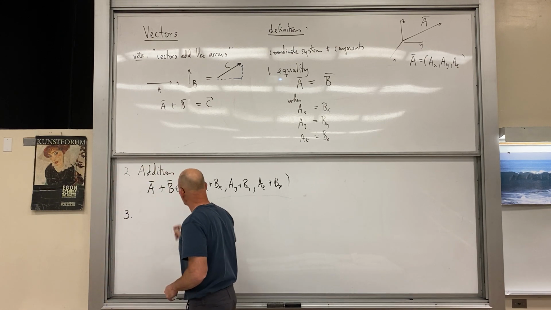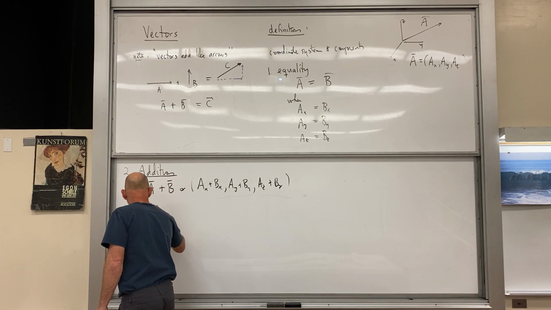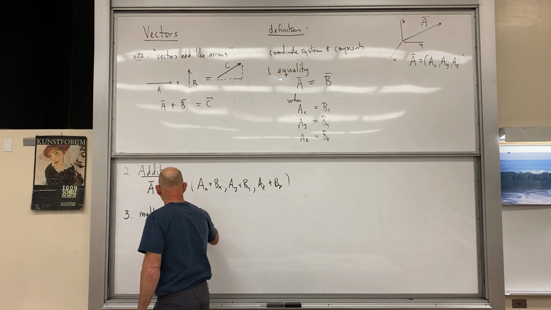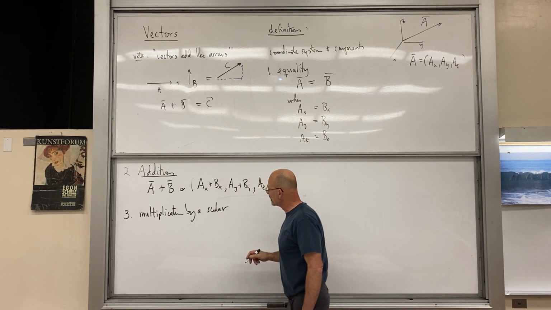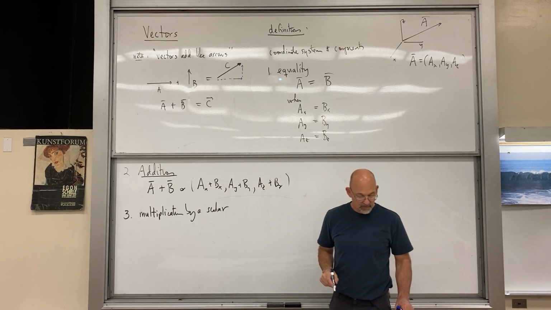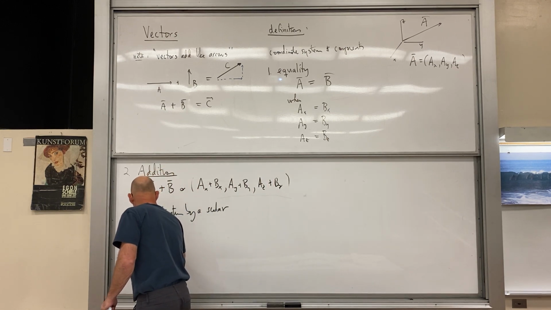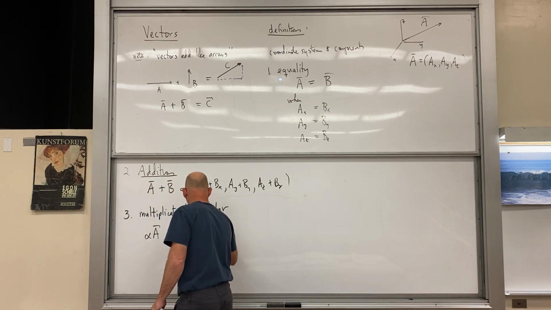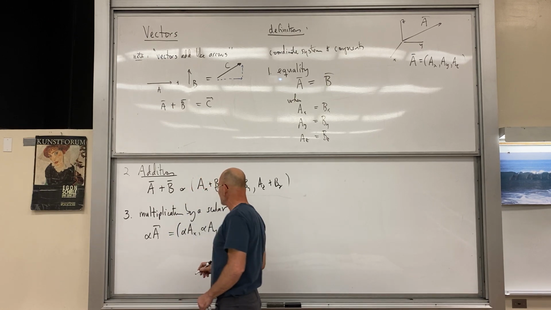First, to talk about subtraction, I'm going to write multiplication by a scalar. Alpha times A would be alpha AX, alpha AY, alpha AZ.